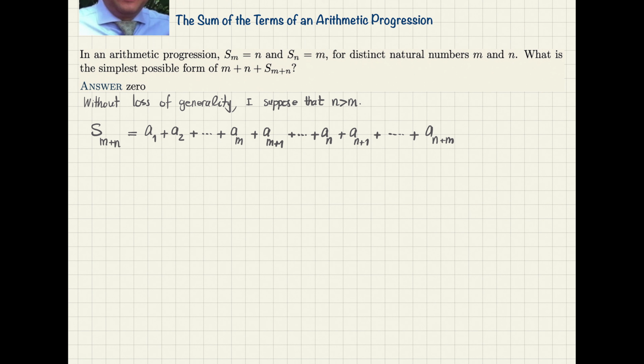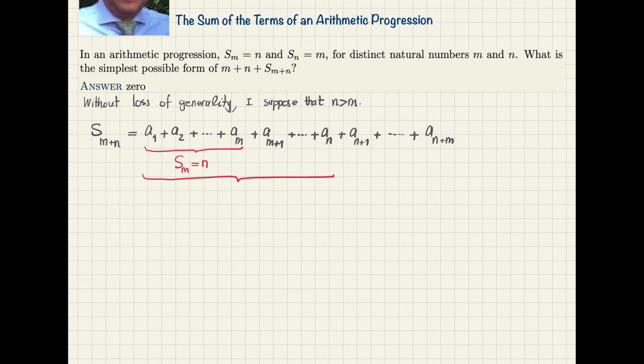But of course, now if I ask you, do you know this sum? You would answer yes, because this is the sum from the first term to the mth term, and that is exactly equal to s sub m. But s sub m is given in the problem itself, which is n. Yes? Now, if I ask you what is from here to here, this is exactly the sum of the first up to the nth term, and that is s sub n, which is given to be m.